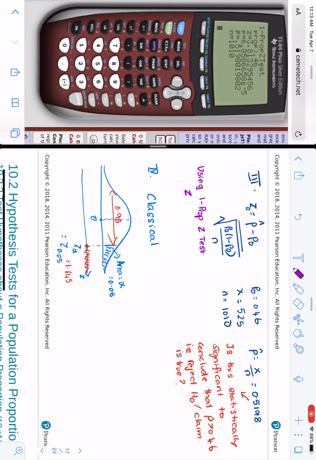We have z, which is z sub 0, that is 3.819. The second p that we see is the p-value, so that is 6.85 times 10 raised to negative 5, which is 0.00006.